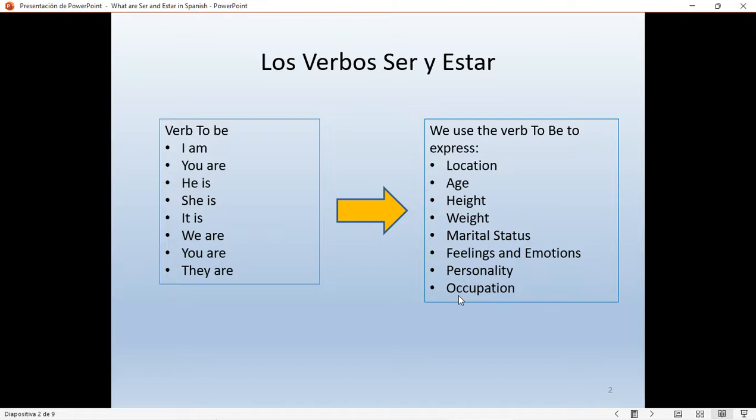Maybe you are a doctor, or maybe you are just a student, but at a time you are a son, a daughter, a sibling, a friend. All of the kinds of roles that you perform in your lives represent your occupation, guys.